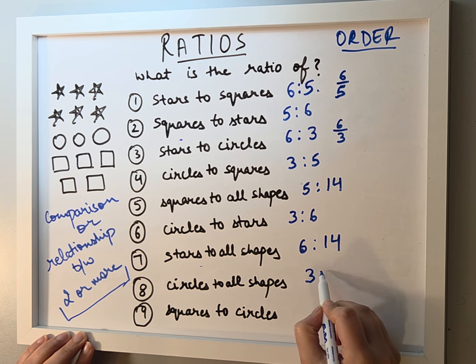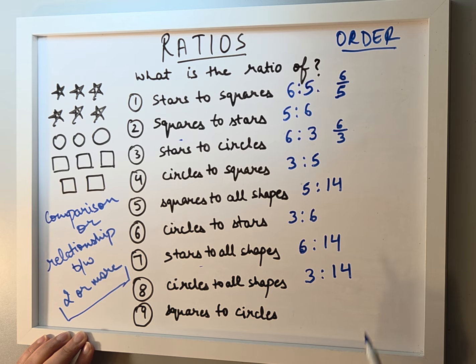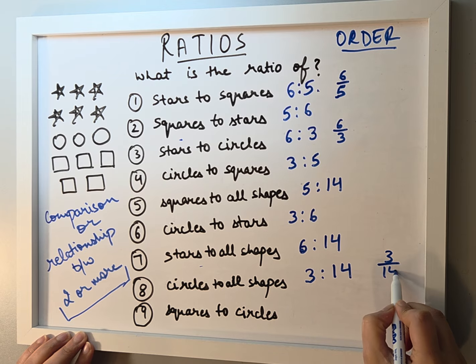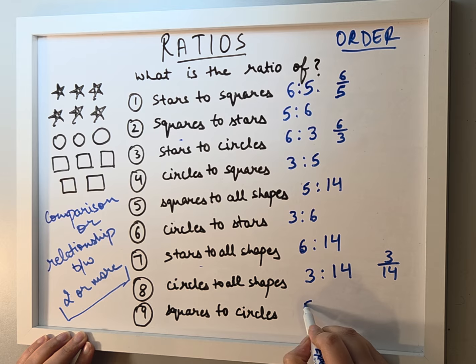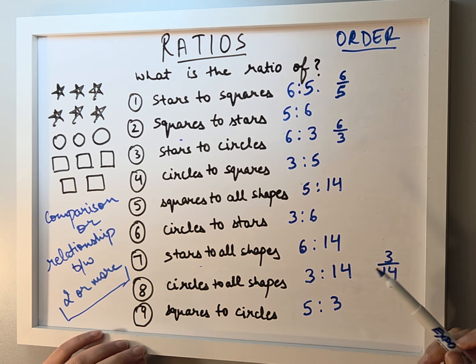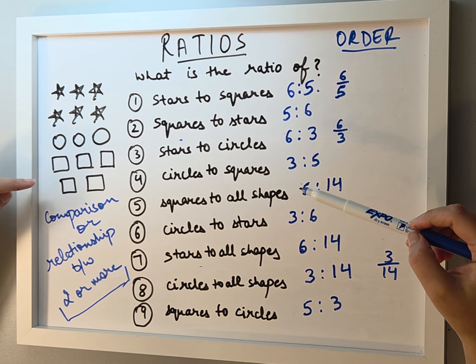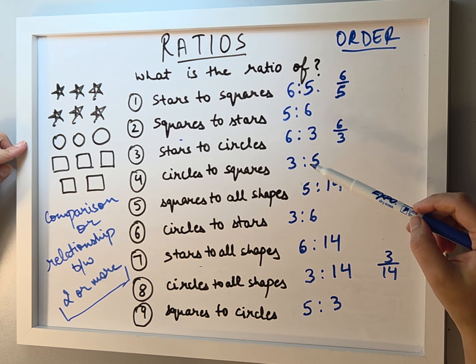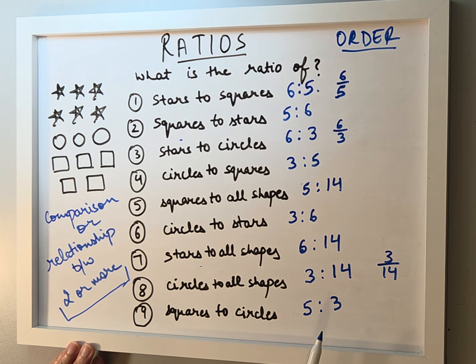There are 3 circles and total shapes are 14, and we can also write 3 by 14. Then squares to circles. Squares are 5 and circles are 3. So we've done all the different possible combinations of these shapes to help you better understand what ratio means and what different orders signify.